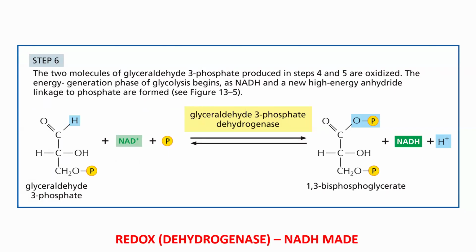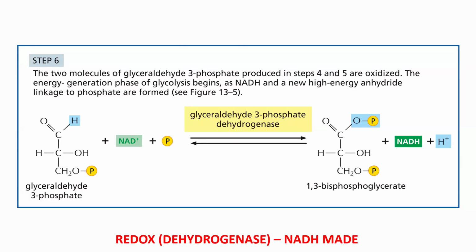So step 6, our first dehydrogenase. We're going to steal hydrogens, which means we are also stealing electrons. There's NADH being reduced. So GAP, and remember there's 2 of them now, so this reaction is happening twice over in parallel. GAP plus oxidized NAD+ and a phosphate is going to be dehydrogenated into 1,3-bisphosphoglycerate, 1,3-BPG.